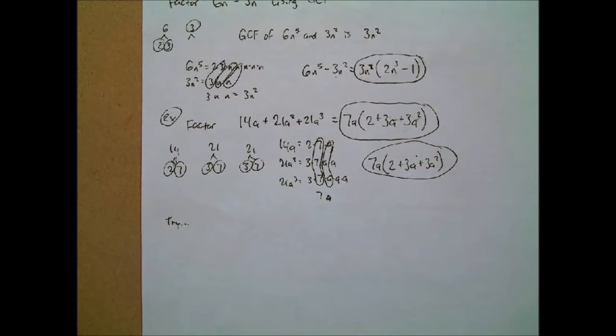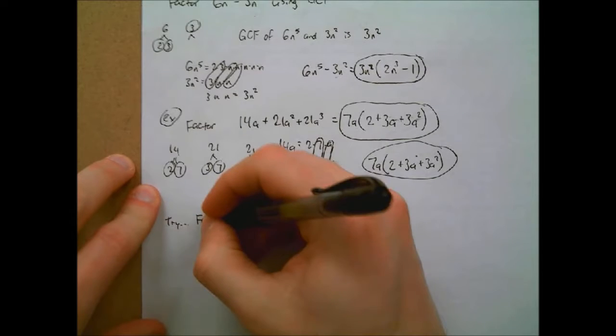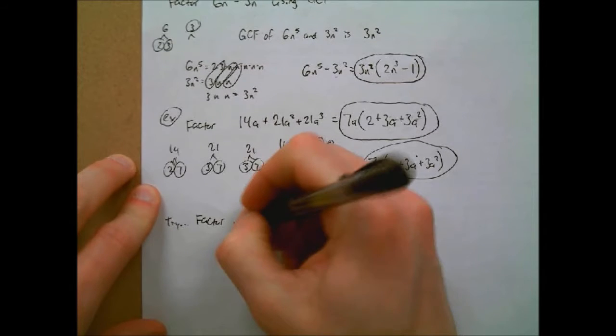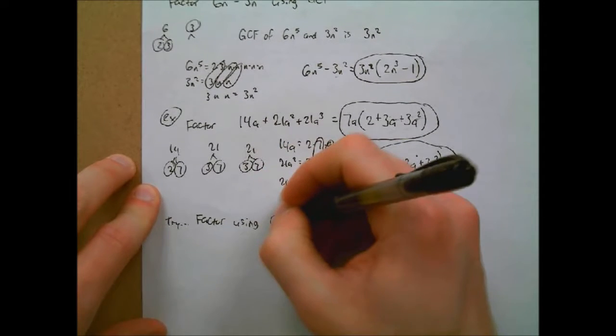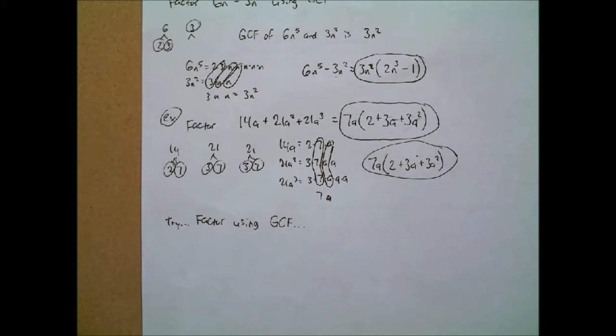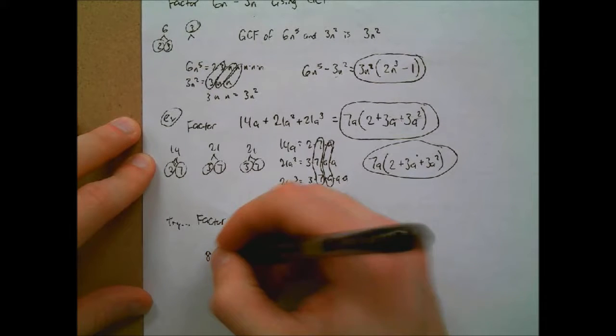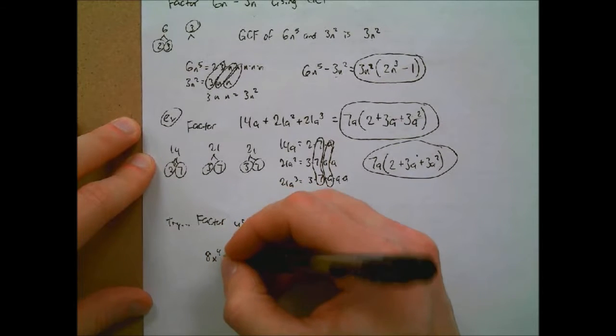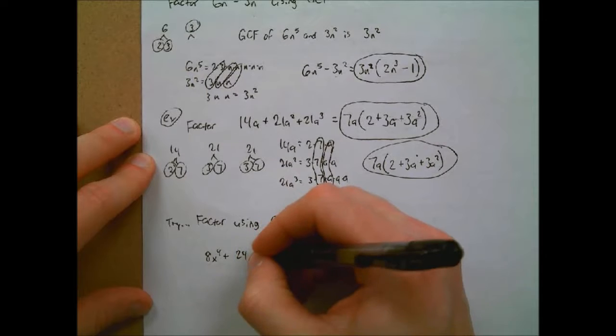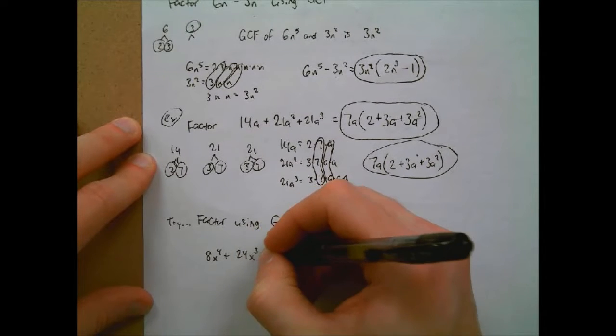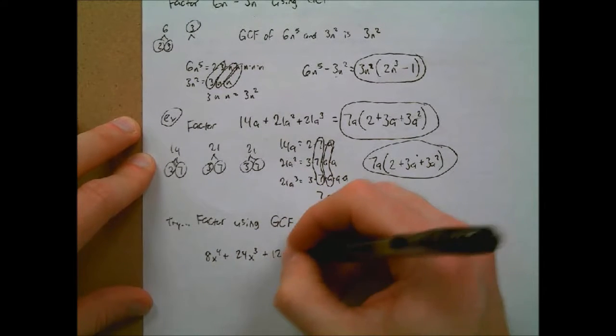Okay. So factor using GCF. Okay, and here we go. I'm going to have you try 8x to the fourth plus 24x to the third plus 12x.